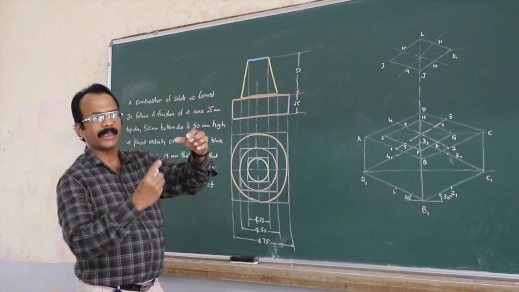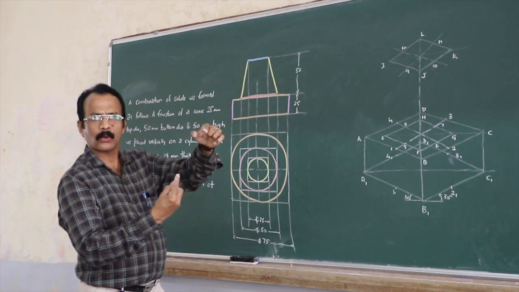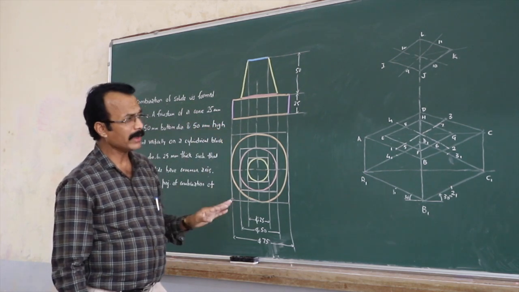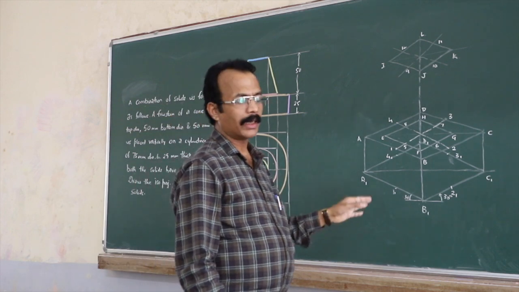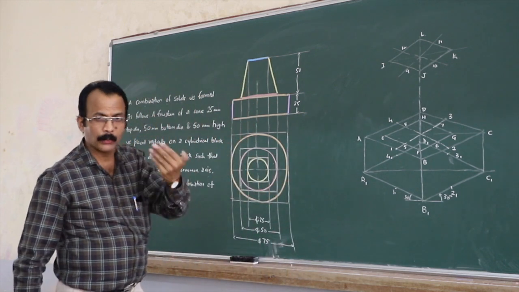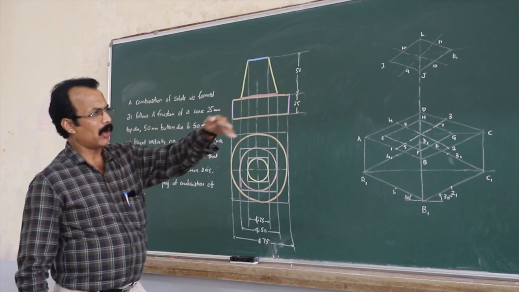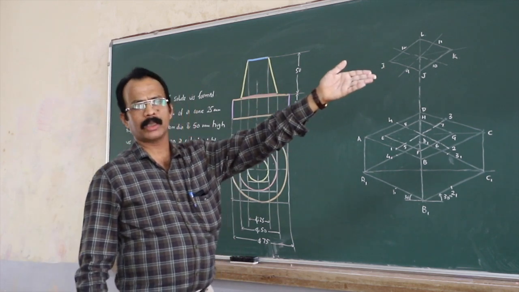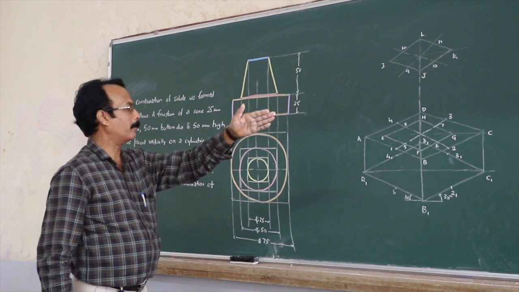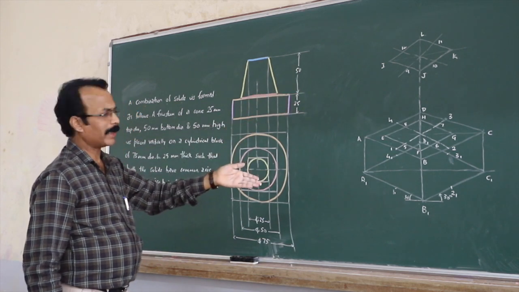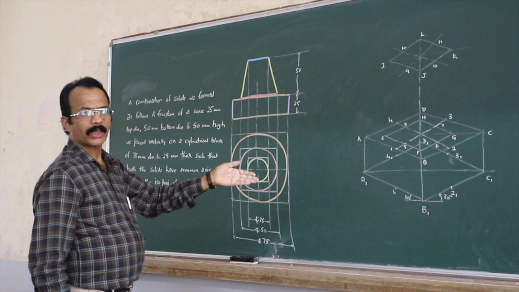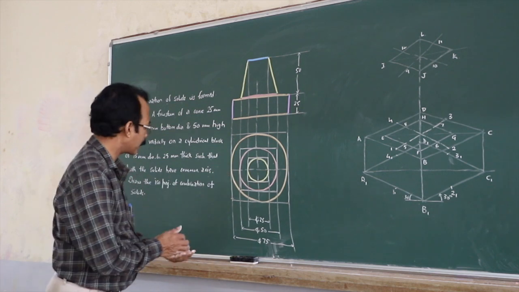On top of it, he has placed a frustum of a cone. So in this problem, you will learn how to draw box within the box and also box above the box. Box above the box you are already familiar with from the previous problem. So the new thing in this problem is how to construct box within the box, right.